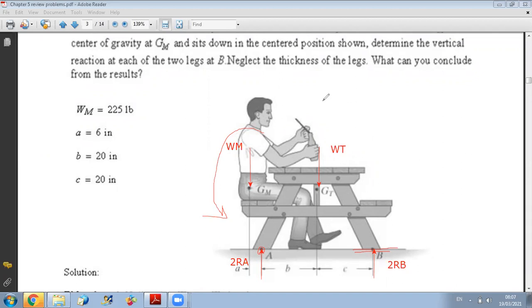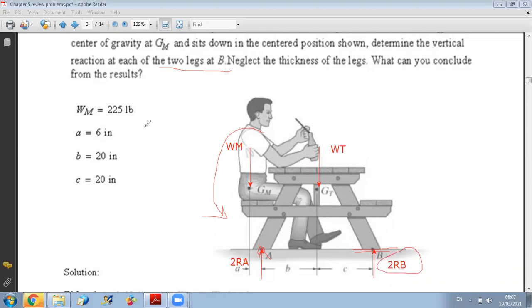So for this reason, here they asked for the expression of the reaction at B and then to make a conclusion. So to find the expression of reaction at B, the equation that will give me this directly, RB, is sum of moments about A. Because when I do sum of moments about A, the reaction at A cannot produce any moment, so I will just have one unknown, which is RB.